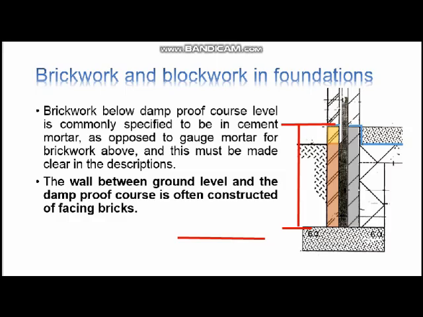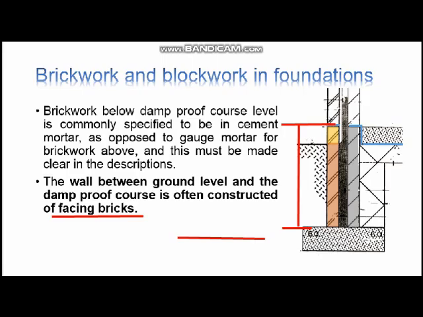Another thing to consider here is these types of facing brick. If you see this yellow color, it is made up of facing brick. In reality, in construction, anything that is exposed and seen by people should be made up of facing brick if it is not plastered.